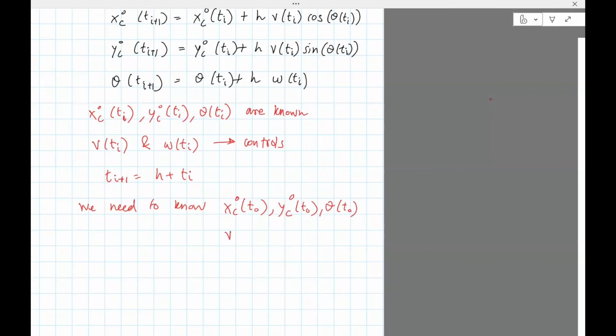We also need to specify the velocity v and omega you're going to impose as a function of time, and then you can just do this animation. So I'll show you how to do this in Python. Just make an animation. And then once you do that, we can do more interesting things with it.